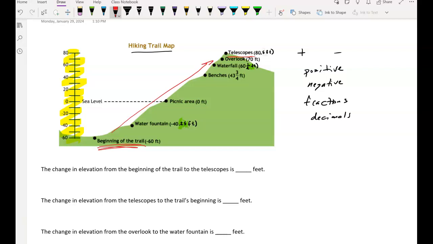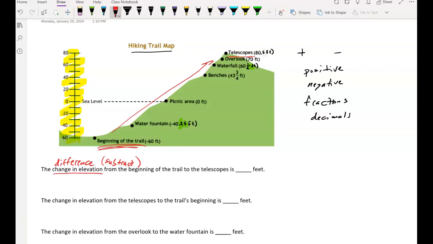But here's the thing. When we talk about the change in elevation, we are actually talking about the difference between the two elevations. And when we talk about difference, that means that we are going to subtract. So we're going to be subtracting the values of those two spots, the telescopes and the beginning of the trail.